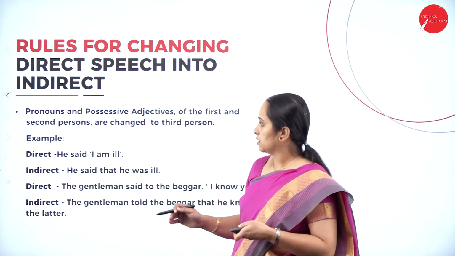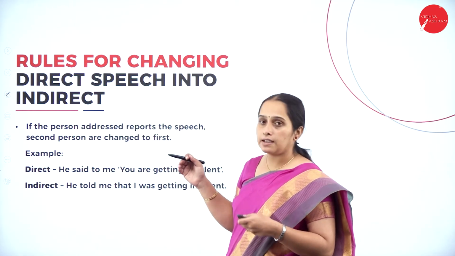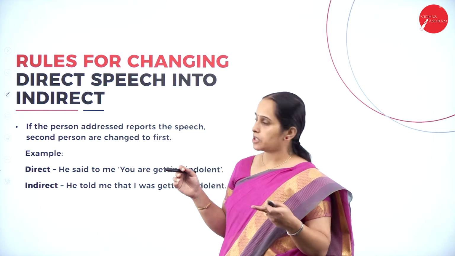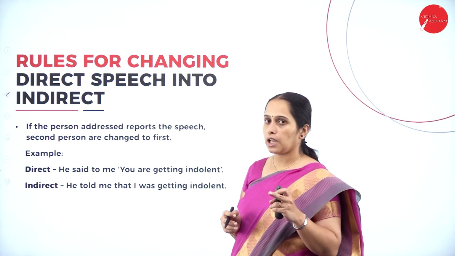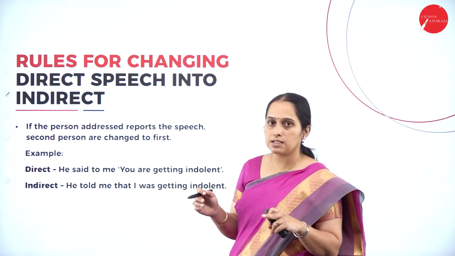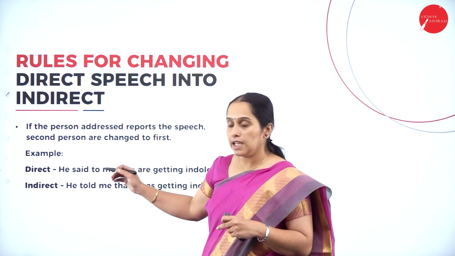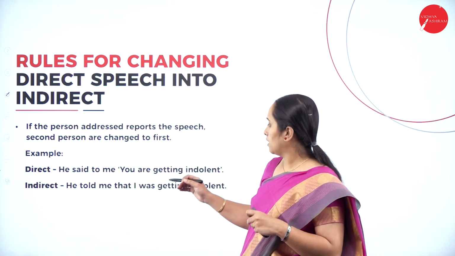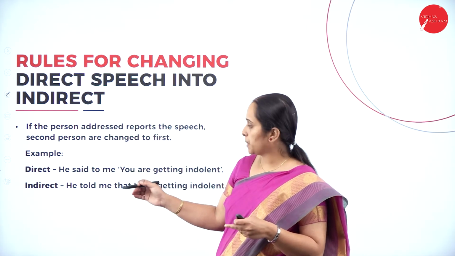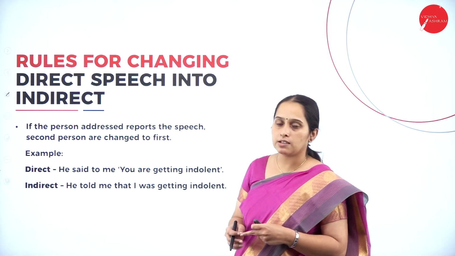Next, if the person addressed reports the speech, second persons are changed to first. Example: He said to me, "You are getting indolent." In indirect speech: He told me that I was getting indolent.